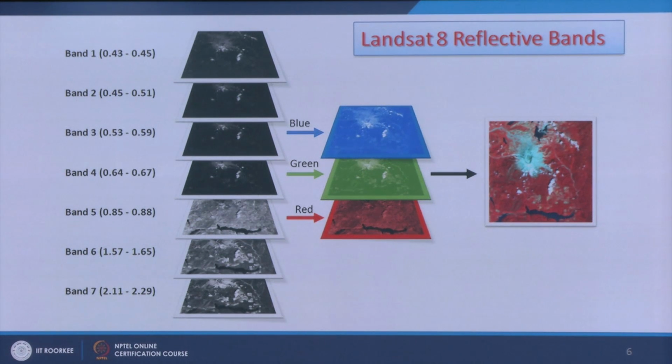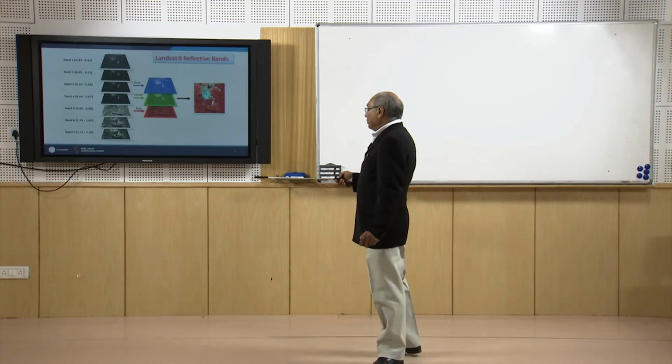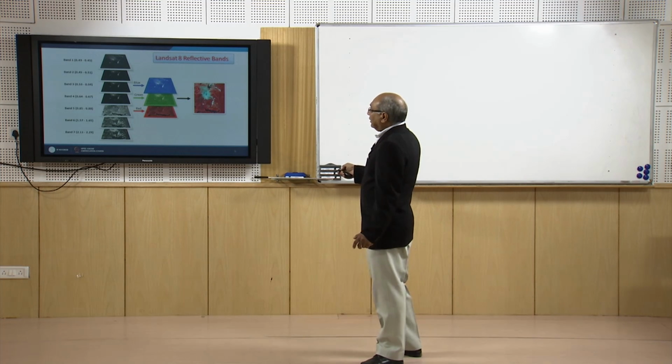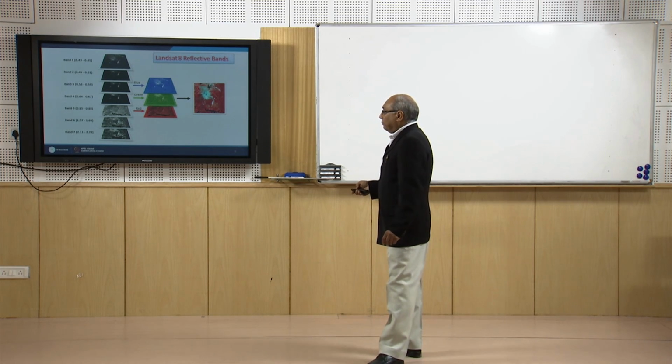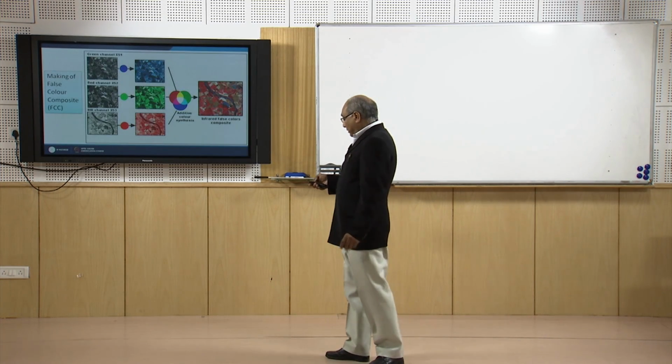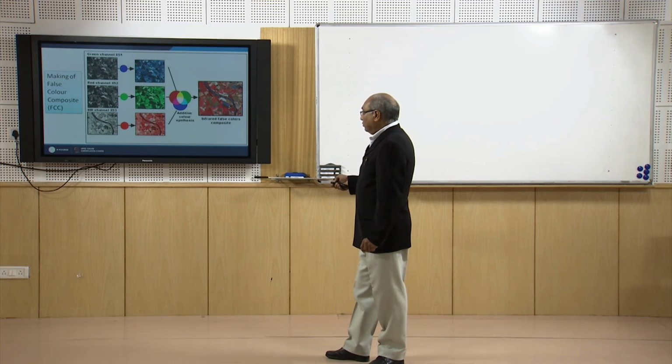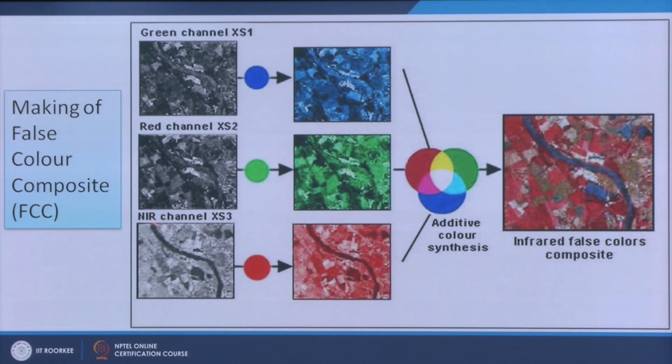In the previous lecture we discussed at length how false color composites are created, what the advantages of false color composites are, and why they are created. Ultimately you can create such colored images, which are very useful for image interpretation. We have already covered that in a standard false color composite, you assign the green channel, red channel and near infrared channel to blue, green and red color respectively, and ultimately you end up with a standard false color composite image.